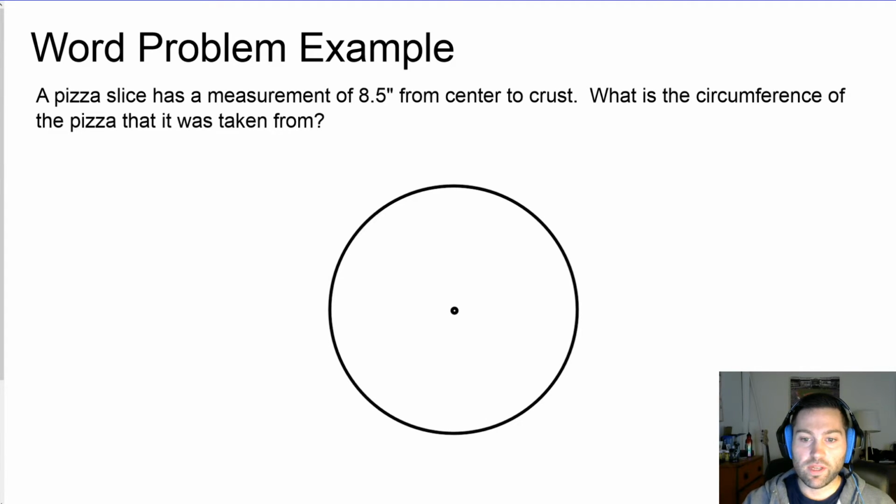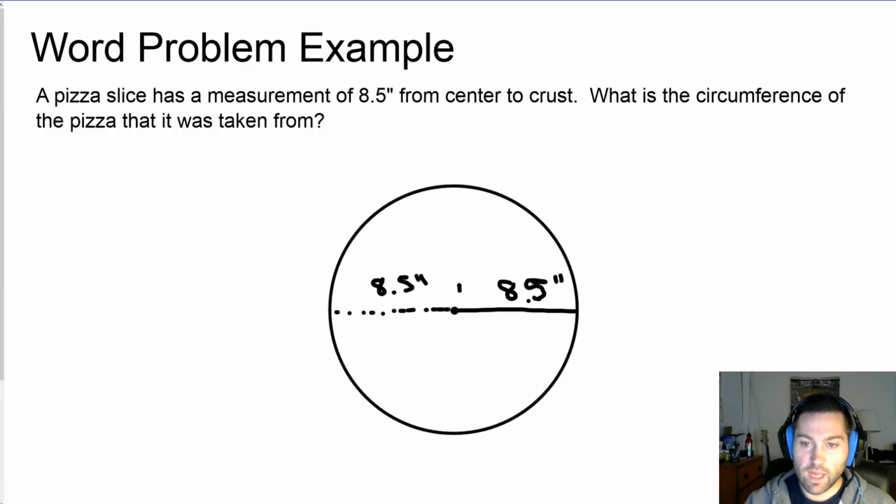And so if I go ahead and fill in what I know, an 8.5 inch measurement from the center to the crust. What is the circumference of the pizza? Well, to get the diameter, we would have an 8.5 inches over here as well. So if you added these two together, you would get that you have a diameter equal to 17 inches.